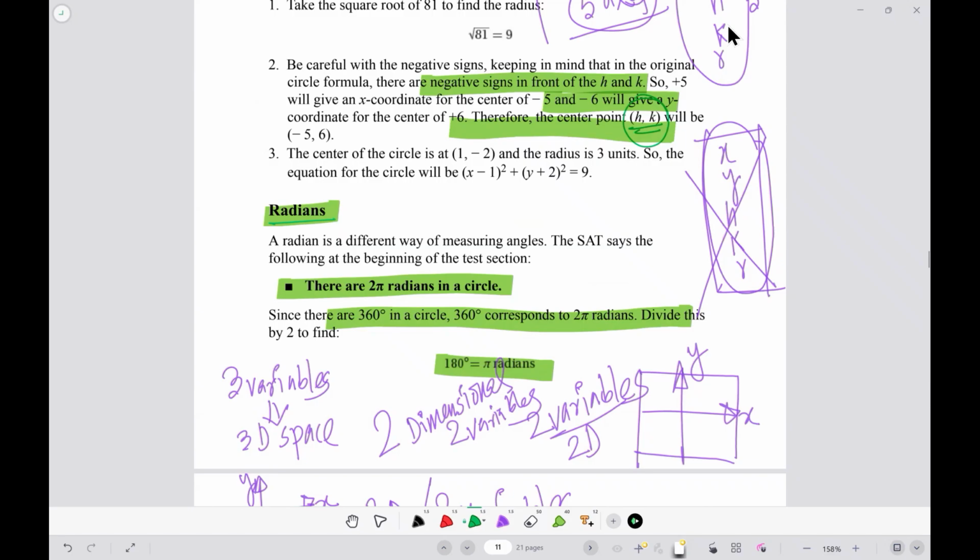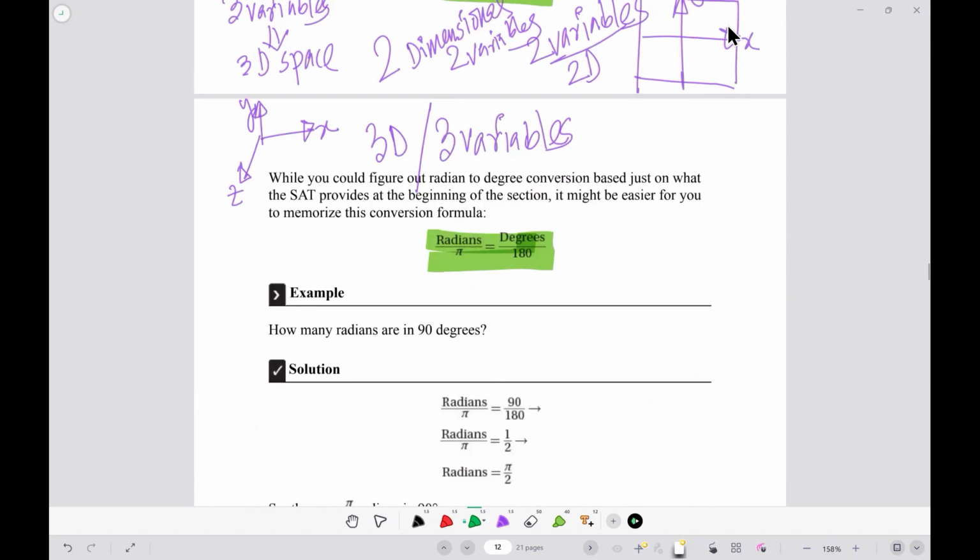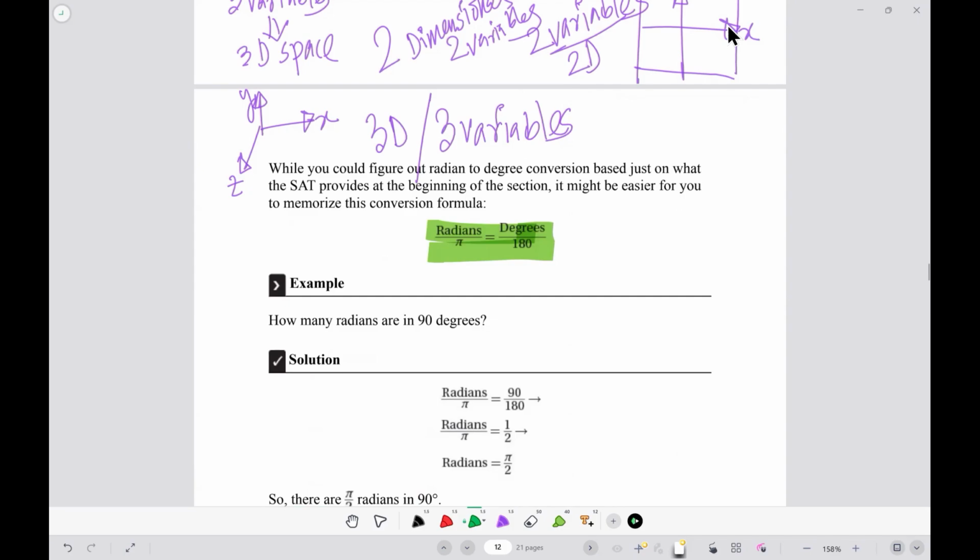Radian is basically one of the types of units for measuring angles, because I've already told you so many lectures ago that we have units like degrees, and we have units like radians.